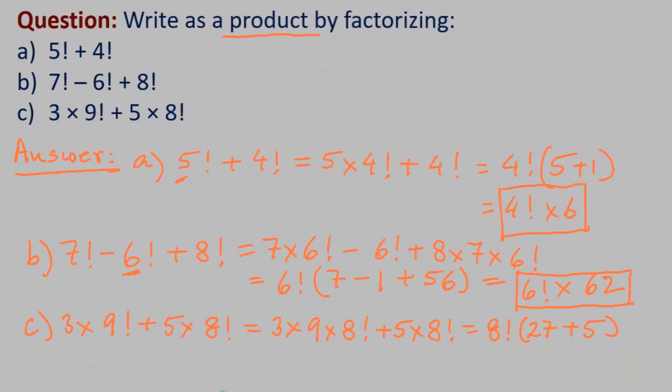So, it is equal to 8 factorial times 27 plus 5 is 32. So, this is our answer for the subpart C. Okay. We have completed this question. Therefore, let us move on to the next question.